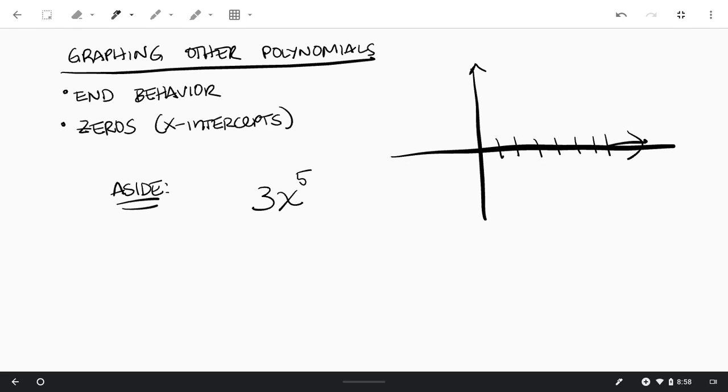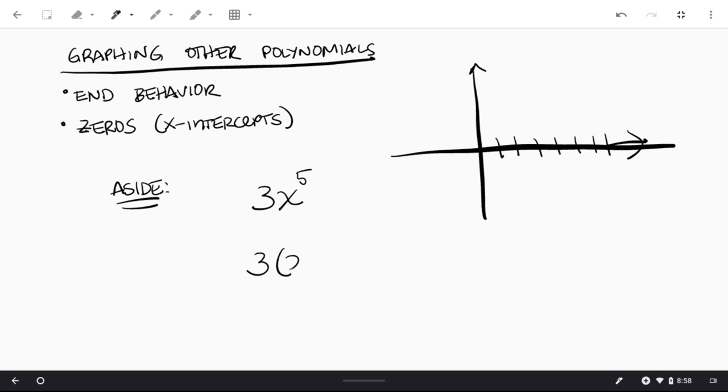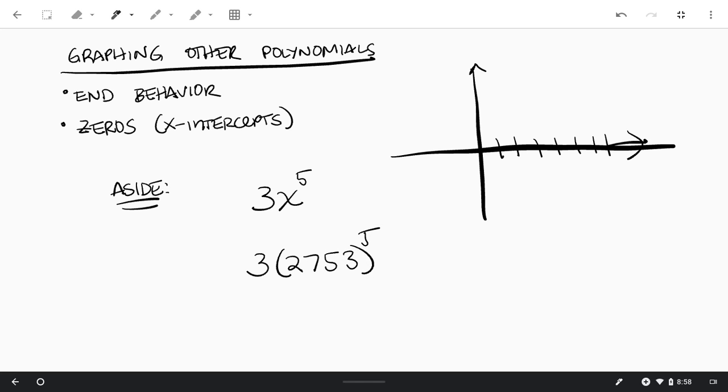Now let's take a look at that number, 2,753. If I plug that in for x, 2,753 to the 5th power, I'm going to get a big answer, right? So the question is, am I going to get a big answer that's positive, or a big answer that's negative?